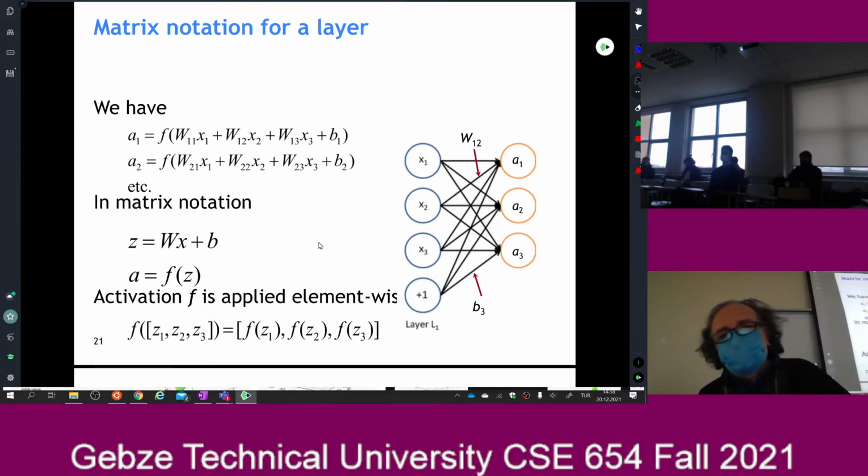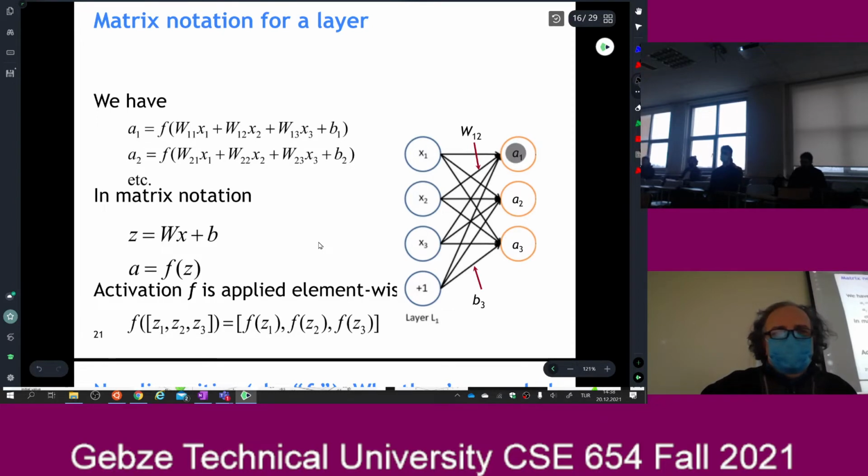Okay, so since we have more than one layer right now, maybe we can talk about the layers like a single unit. So this is what we do.